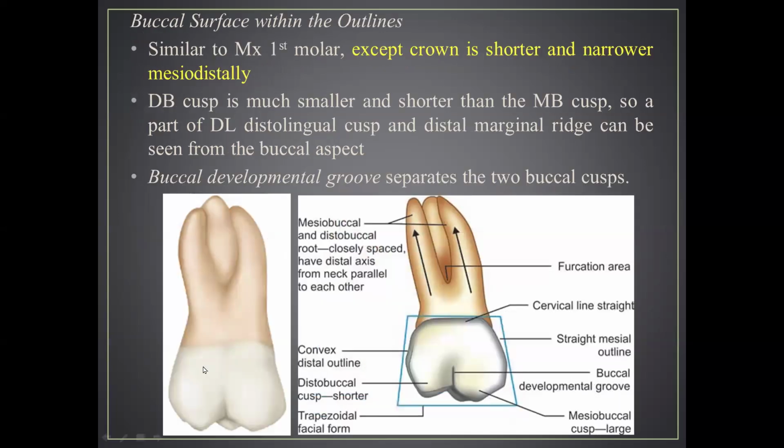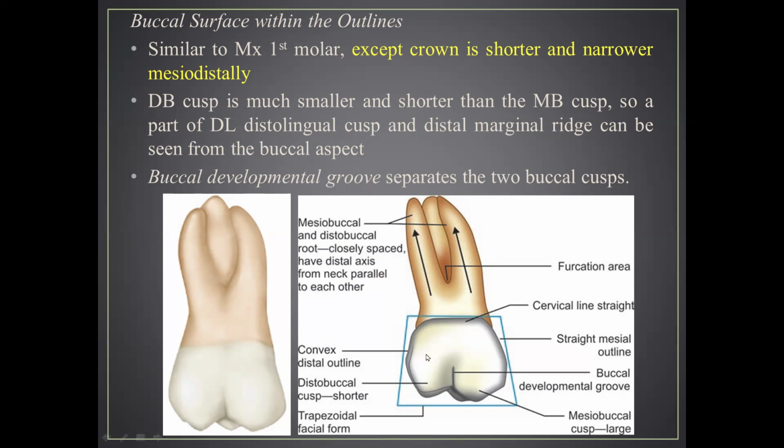Buccal surface within the outline, this is your maxillary first molar. You can see the cusps and the developmental groove also. It is almost similar for your second molar also, except that the crown is comparatively shorter and narrow mesiodistally.